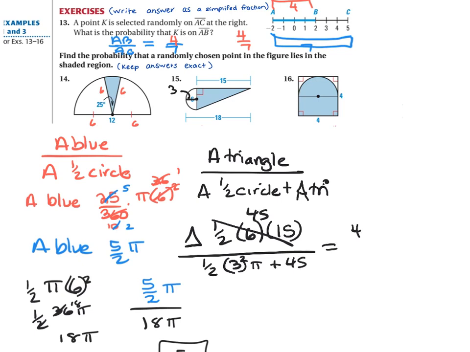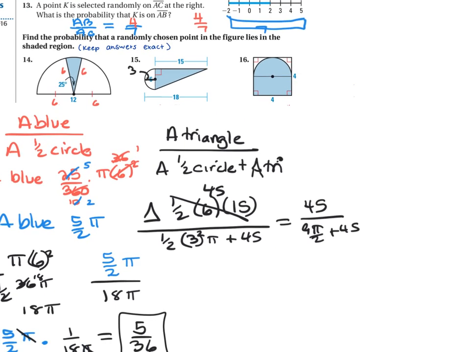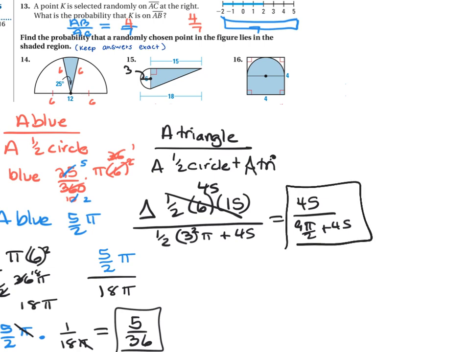So this is going to become 9 pi over 2 plus 45. If it says leave it exact, we would leave it like that. If we were to use our calculator, it's about 76.1%.